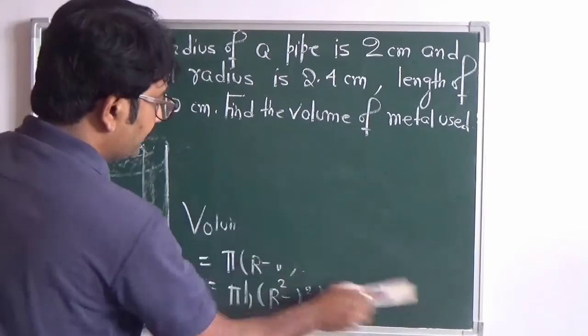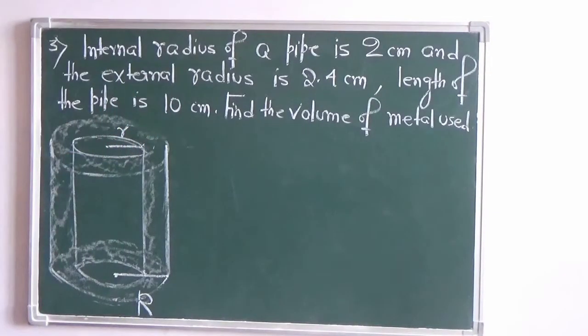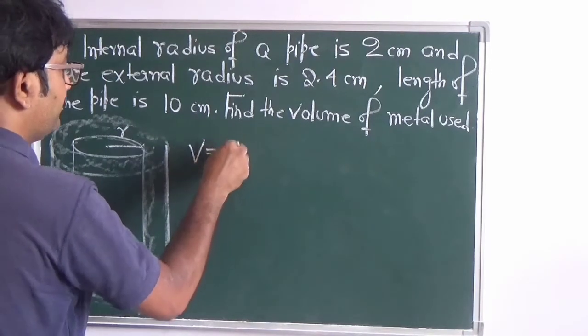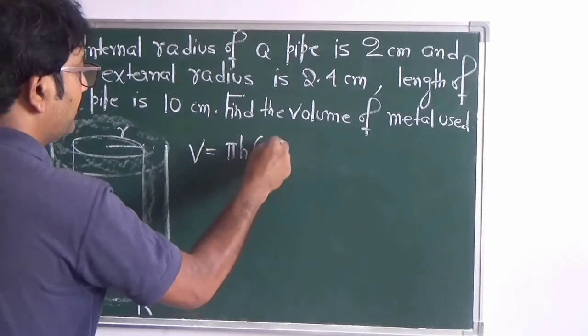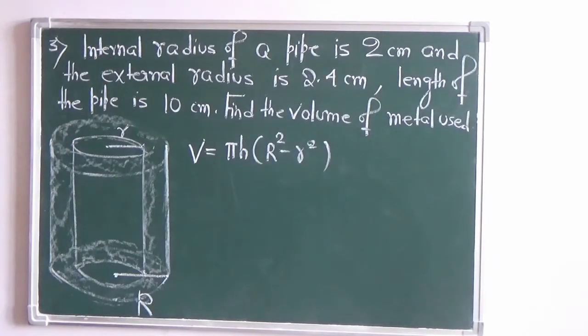So we can put the values here. The volume V equals pi into h into R square minus r square. This way we can calculate it, or you can take h common.